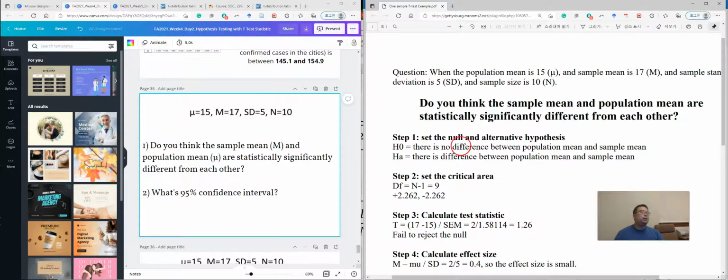Again, step number 2 is setting up the critical area. We are not assuming that we have the population parameter or the population distribution. We are using the sample distribution, meaning that we need to find the t-critical every time based on the number of cases.